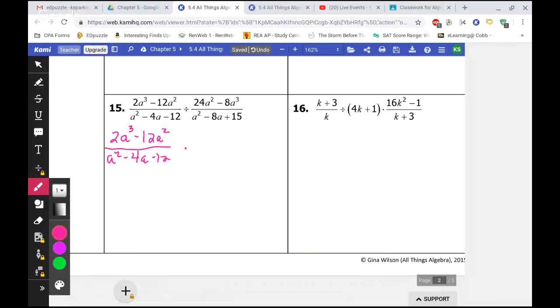Change to multiplication and flip the second. Now factor out a 2a squared off of the top.